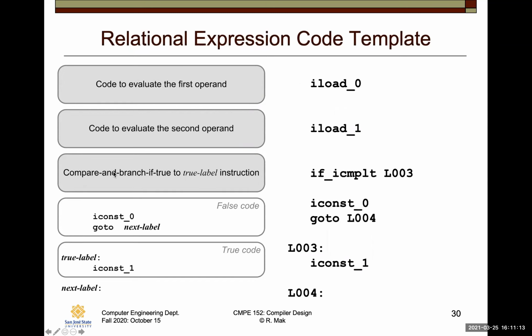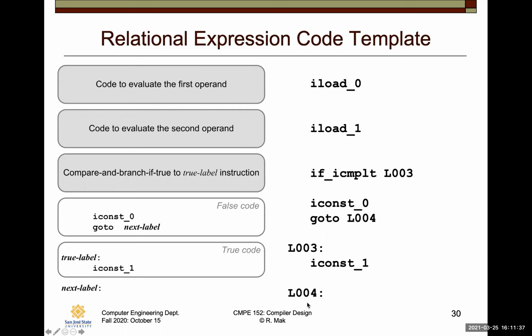We do a compare and branch if true. So here's compare and branch if true to the true label, which in my example was L003. And then after the compare and branch, we push a 0, and then we branch around the true instructions.